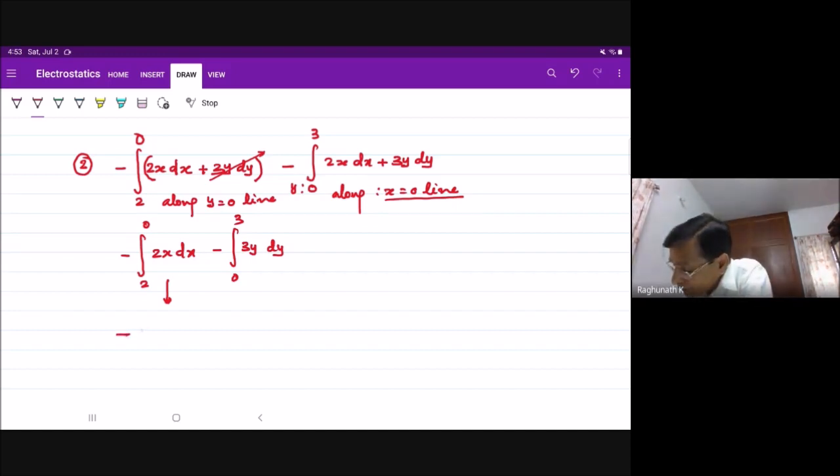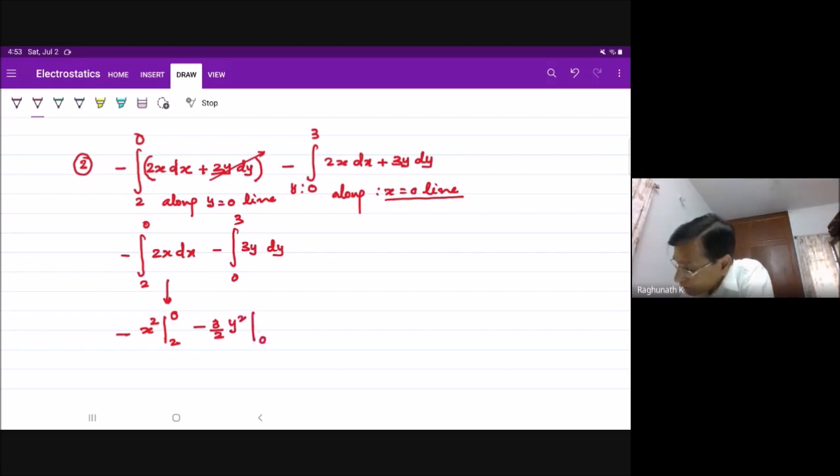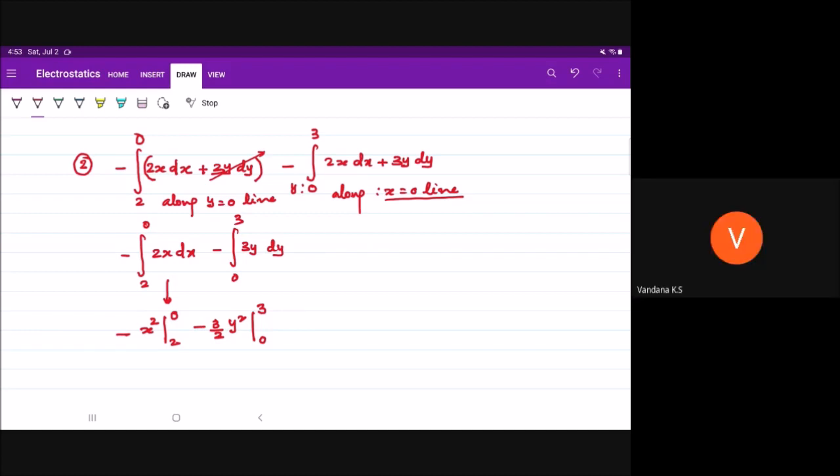Which is equal to what? Minus x squared from 2 to 0, minus 3 by 2 y squared from 0 to 3. What is the value? The answer is minus 0.5.